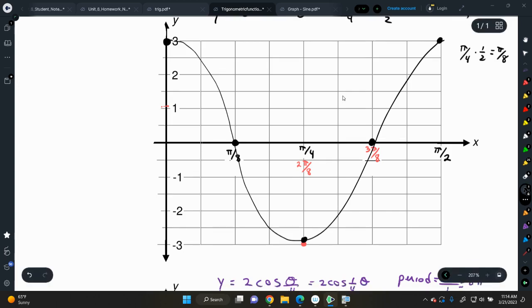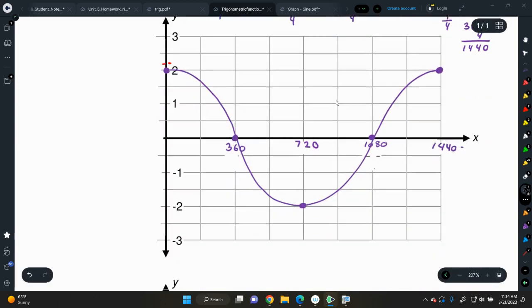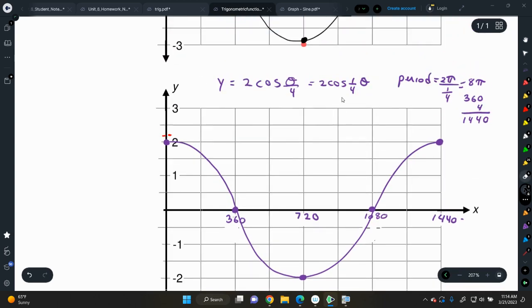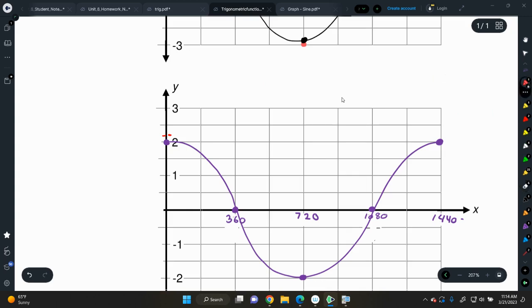Okay. Let's look at number 4. All right, so I have y equals 3 cosine theta over 3.